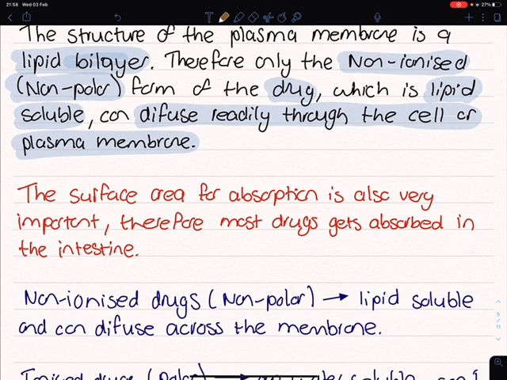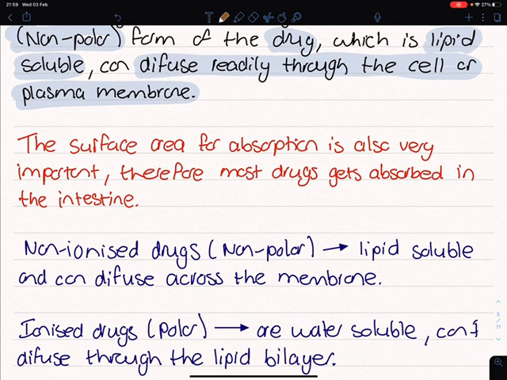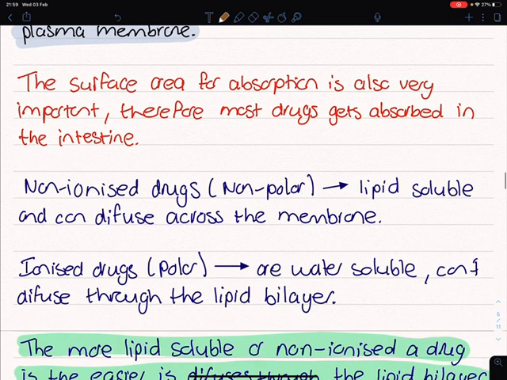Okay, and then the surface area is very important as well. That's why most of the drugs will be absorbed in the intestine, because it has the most surface area, about 200 square meters. And then also, non-ionized drugs are lipid soluble and can diffuse through the plasma membrane or the lipid bilayer.